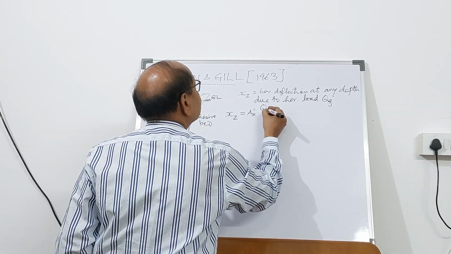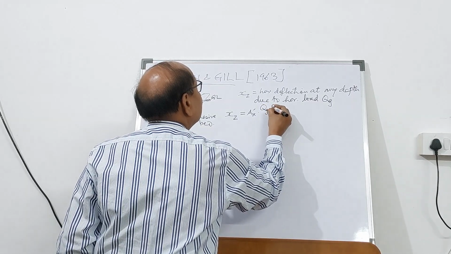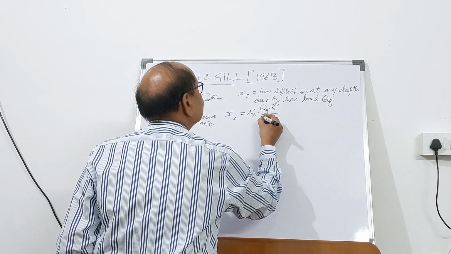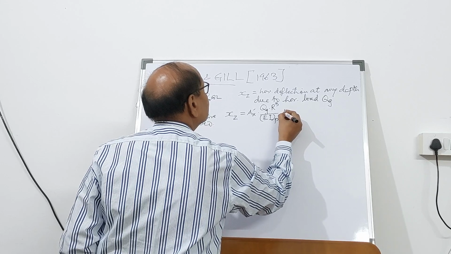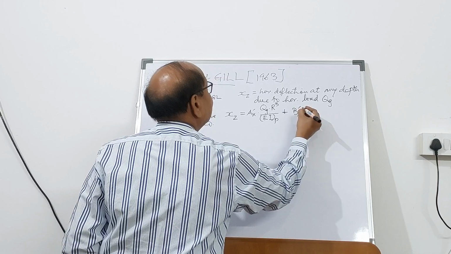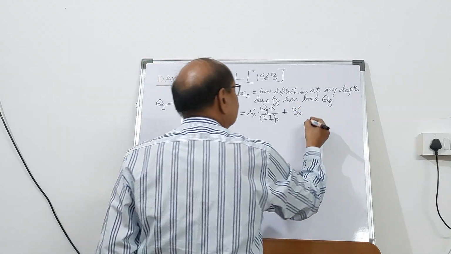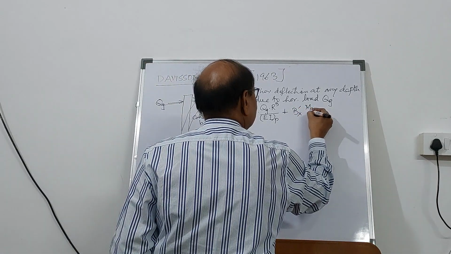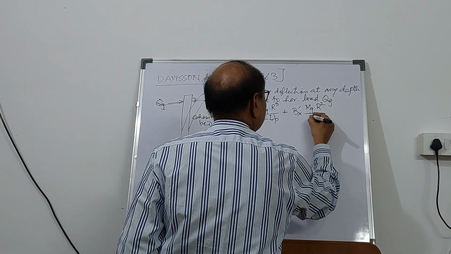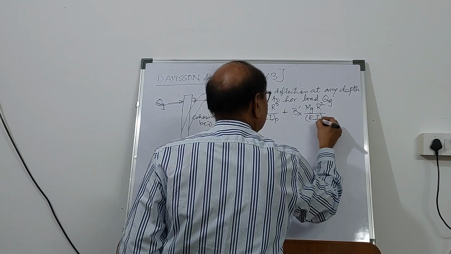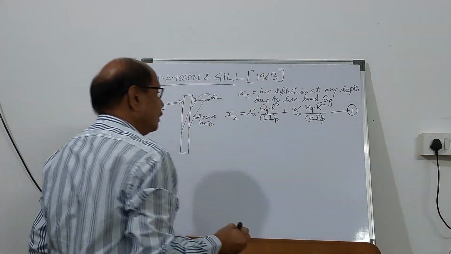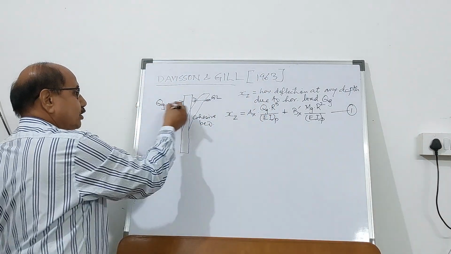Into Qg R cube divided by EI for the pile material, plus another coefficient Bx prime into Mg into R square divided by EI for the pile. This is equation 1, where Qg is this one.